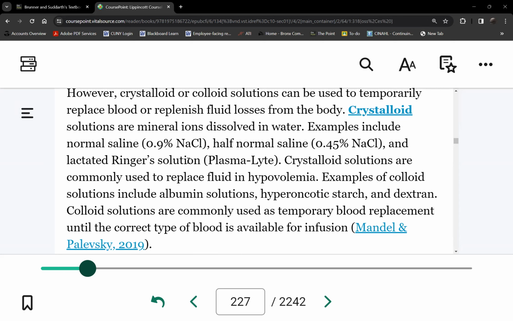But if you put it in a centrifuge, by centrifugal force you separate the cells, and you're left with the yellow liquid, which is the plasma. Plasma is about 70% water, about 20-something percent protein, and the rest are clotting factors and glucose molecules. That's what plasma is.